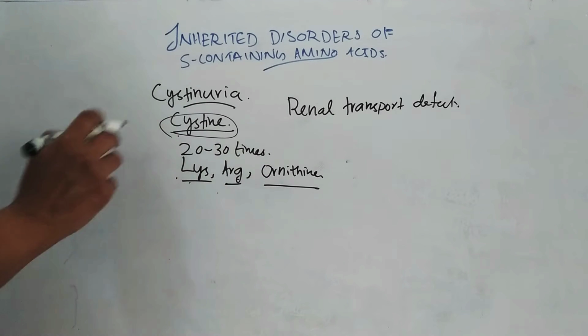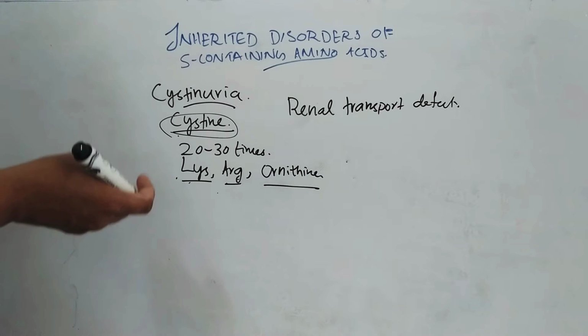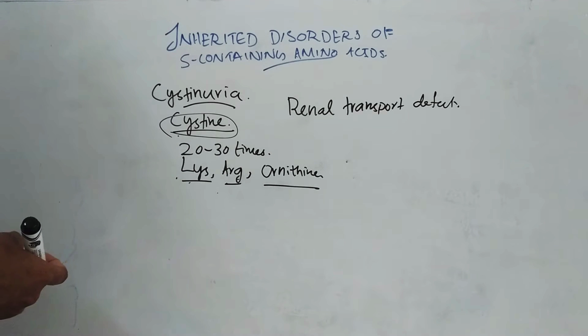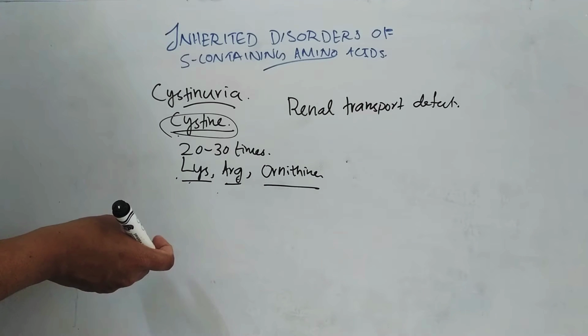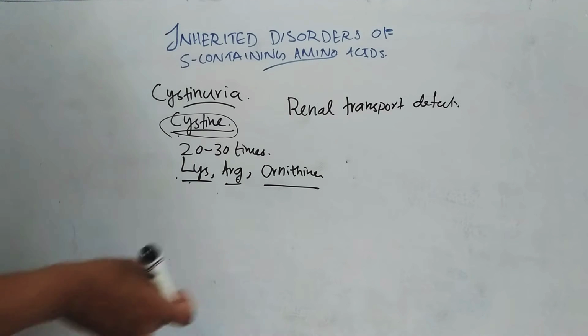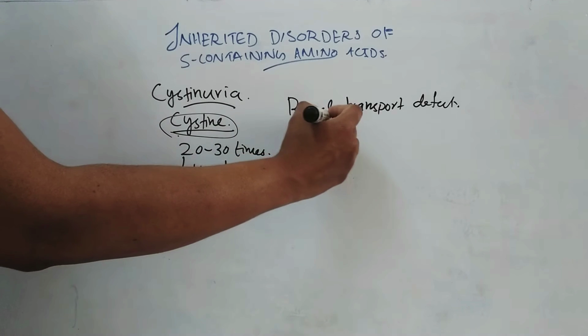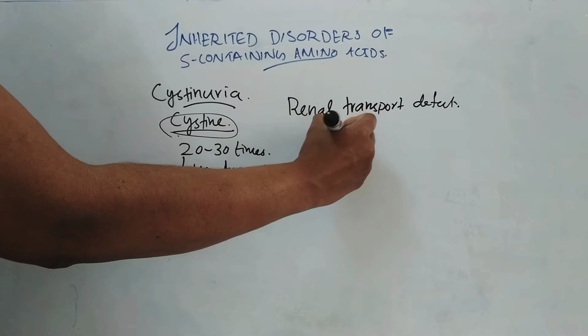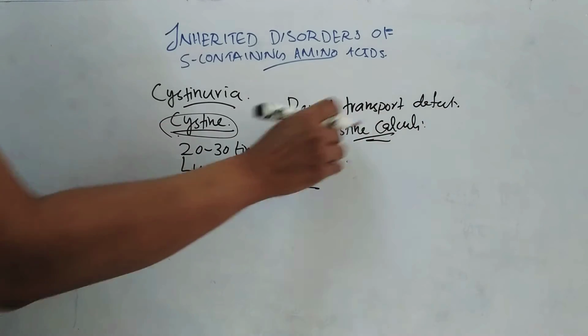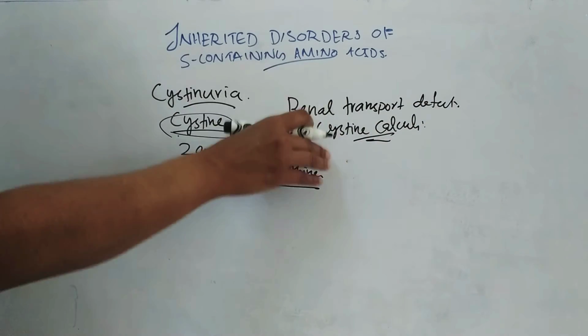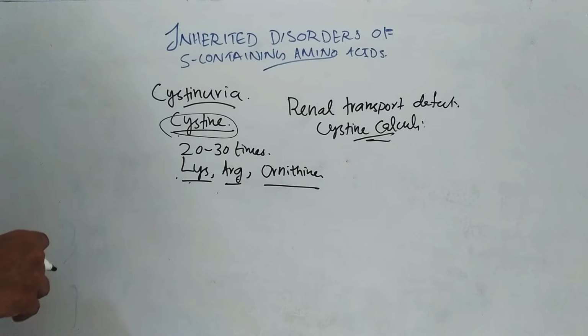Cystine is a relatively insoluble amino acid. It can be precipitated in renal tubules, ureters and in bladder, and this can form cystine calculi. Cystine calculi is the major complication of this disease.